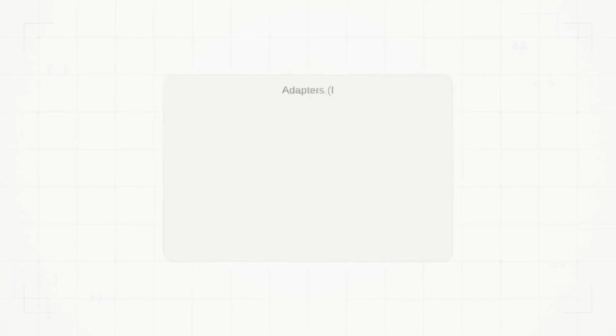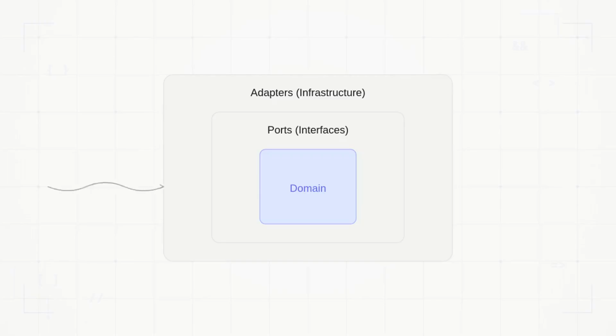In a traditional hexagonal setup, your application is divided into strict layers. At the center is your pure domain model. Wrapping it are ports, interfaces that dictate how the outside world communicates with the core. Finally, adapters implement these ports to handle HTTP requests or external APIs.